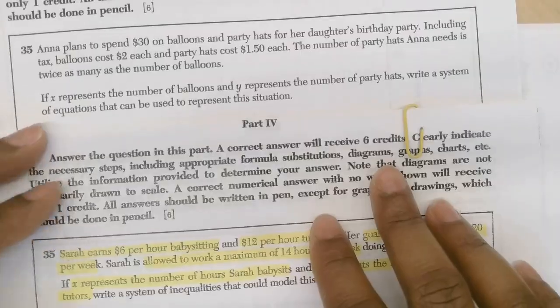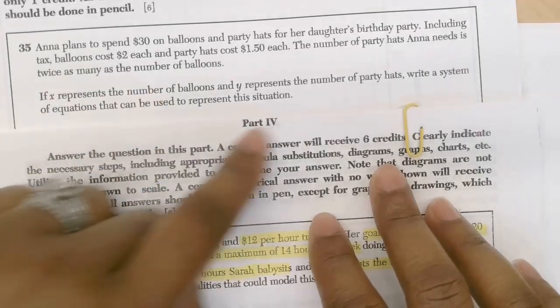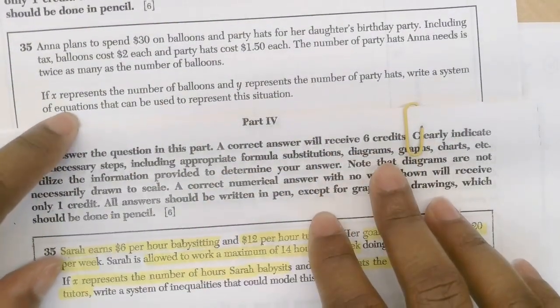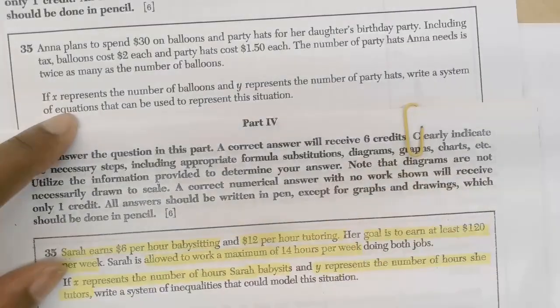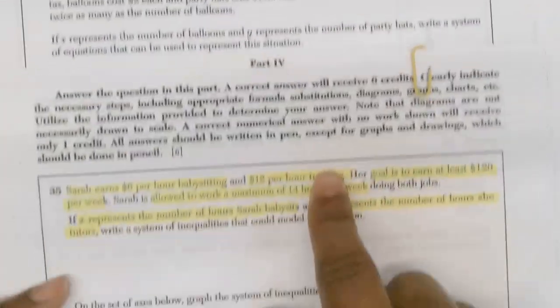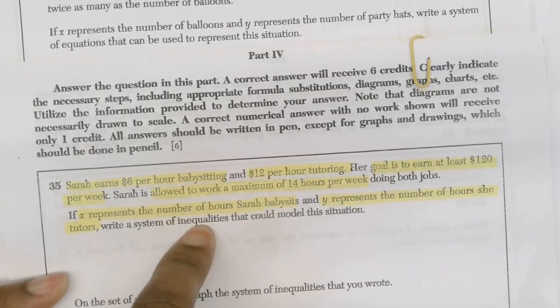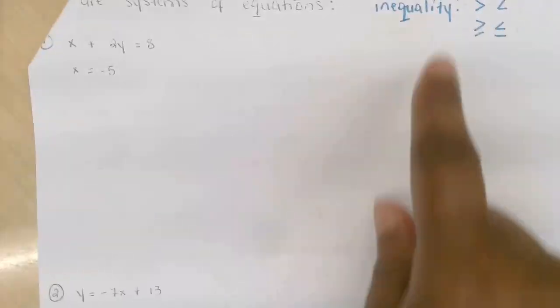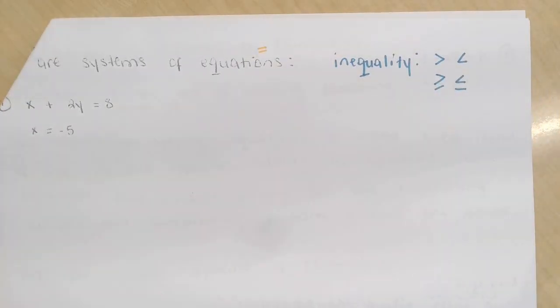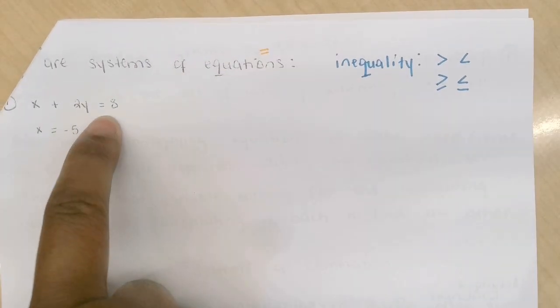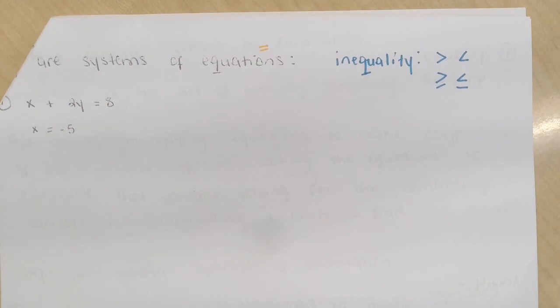But they will ask you, write a system of equations. When you hear equations, you're thinking of an equal sign. When you hear write a system of inequalities, you're thinking of the greater than, less than, or equal to type of signs. But when you hear equations, you're always thinking of an equal sign.